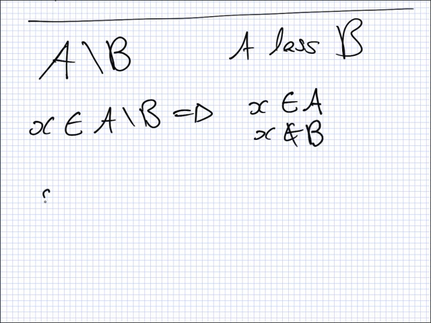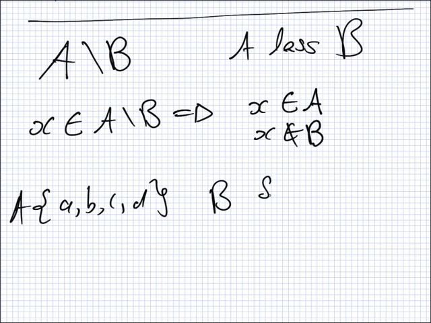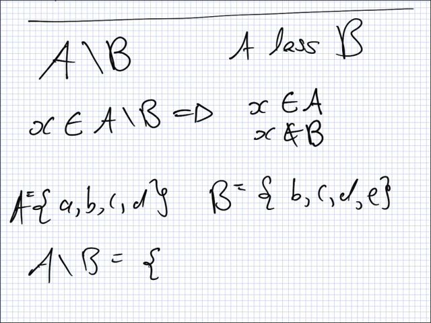Yeah, I'll give you an example. Watch. Here's A, B, C, D. That's A. And then B is B, C, D, E. So that's A, and that's B. A less B is everything in A, but you remove anything that it might share with B. So, what is the only thing in A that is not being shared? Just the letter A, isn't it?